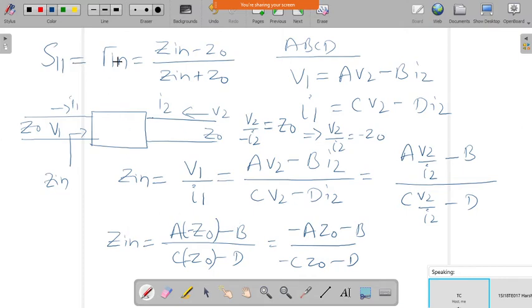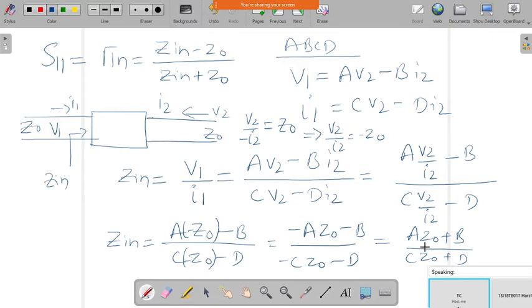Now if I substitute Zin in the S11 expression, we will get S11 in terms of ABCD parameters. This we can write as A Z0 plus B divided by C Z0 plus D, taking the minus outside.